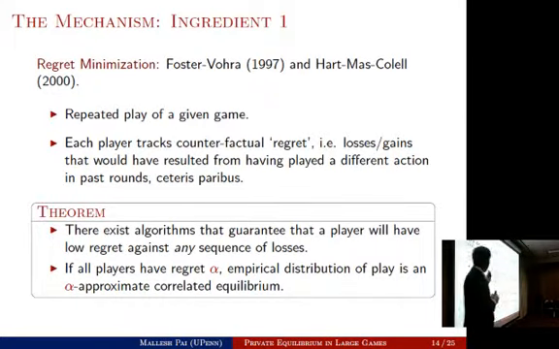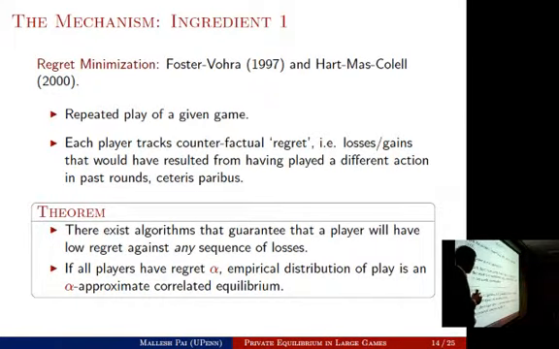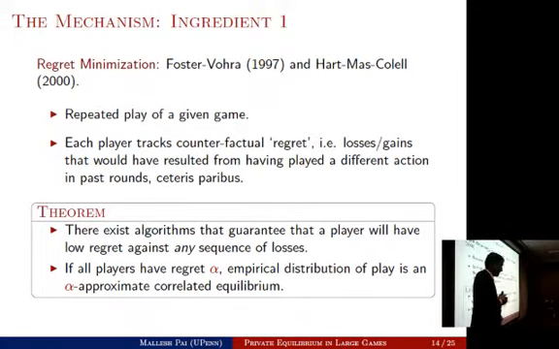And the theorem, which has been rediscovered a bunch of times, goes roughly like this. First, there exist algorithms that guarantee that a player will have low regret against any sequence of losses. Second, if everybody is using such algorithms, so everybody has low regret, then the empirical distribution of past play approximates a correlated equilibrium.